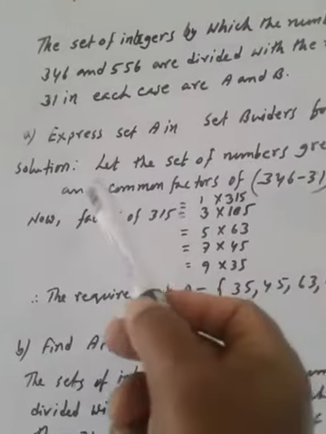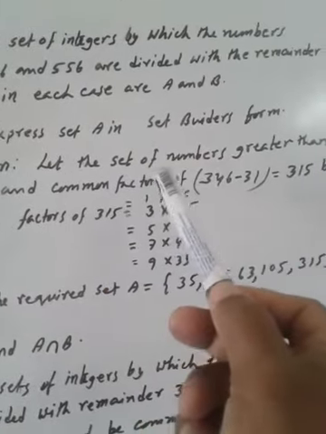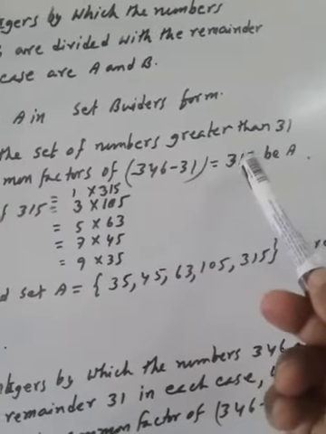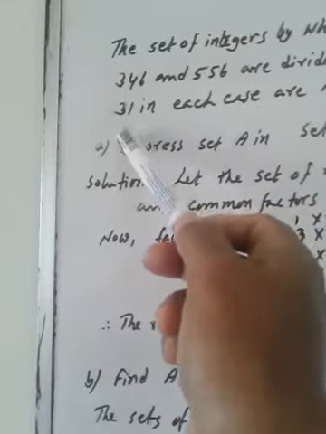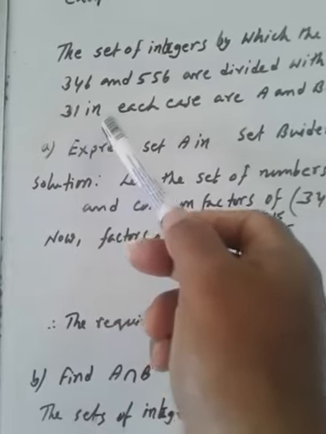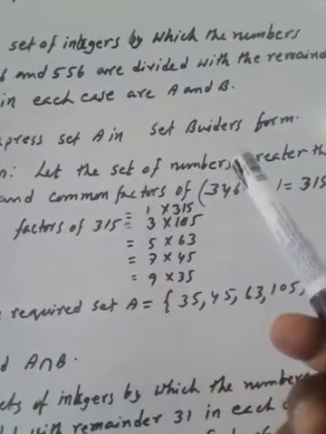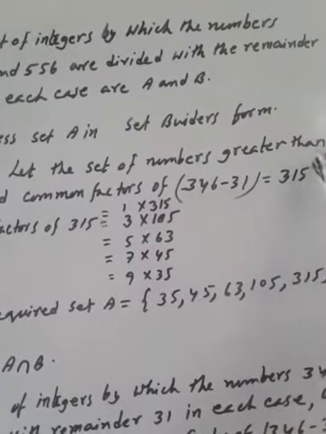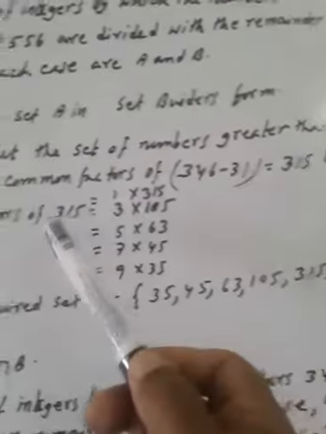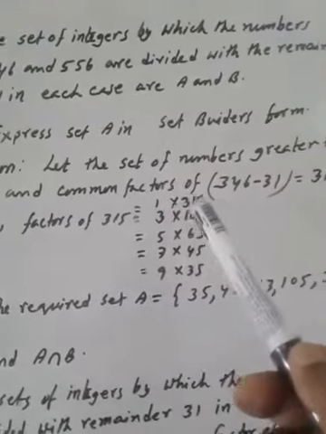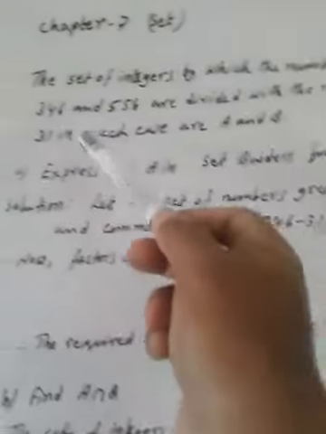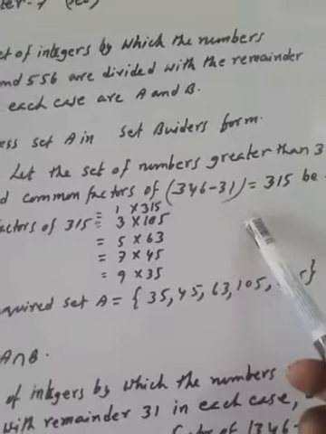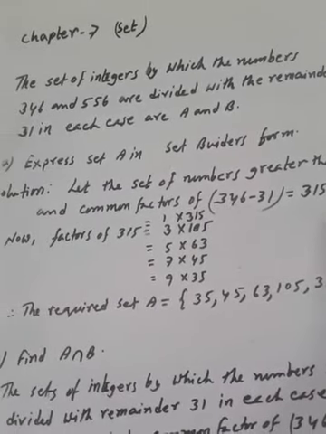See solution. Let the set of numbers be greater than 31, because the remainder is 31. The common factors of the first number: 346 minus 31 equals 315.